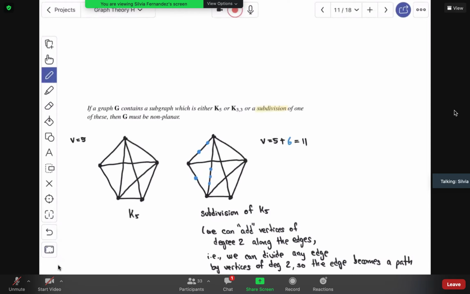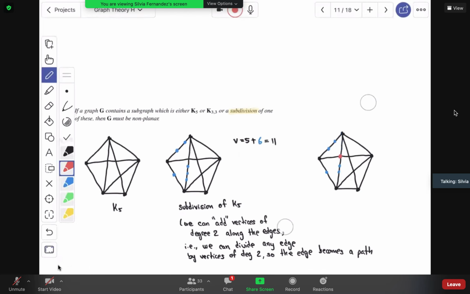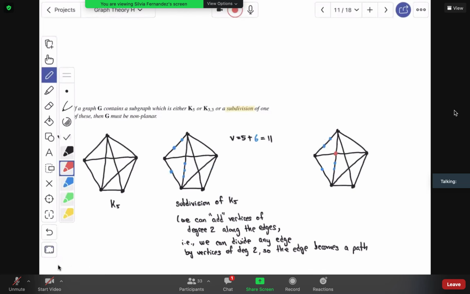Now, what's not allowed is to use one of those crossings as my new vertices. Let's see. If I take this one and I add this one, this one, this one, as I did earlier, and I decide that one of those others is one of my vertices that I'm adding, this one is new, and it has degree 4.